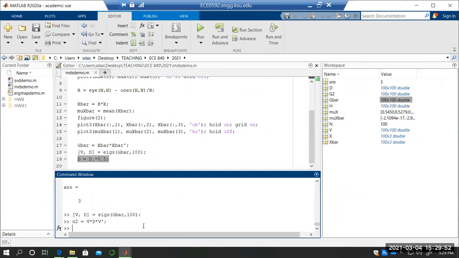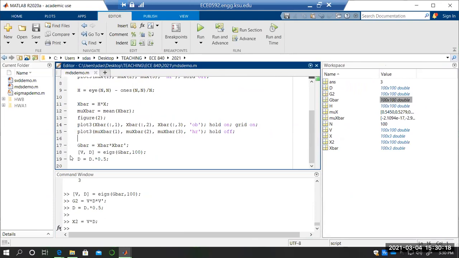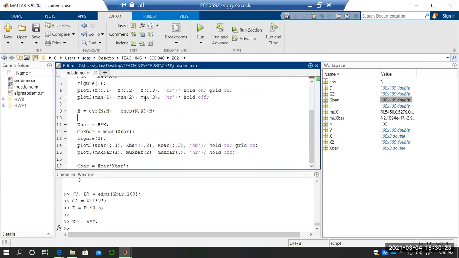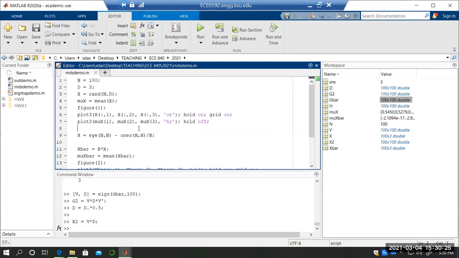So now what I do is I'll take the square root of this. Okay. And then what I'll do is, so this is my square root of D. Okay. And x2 is equal to V star D. Okay. Since I was taking 3 dimensional vectors, the rank is 3.